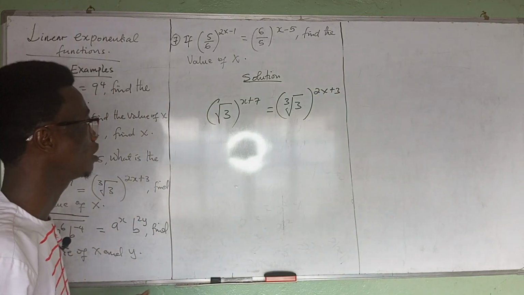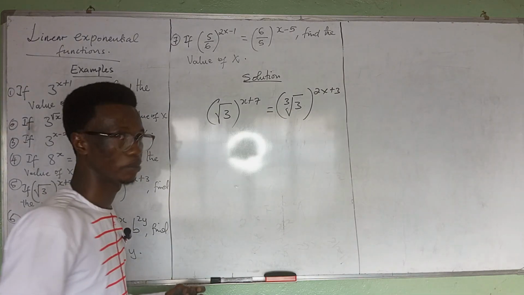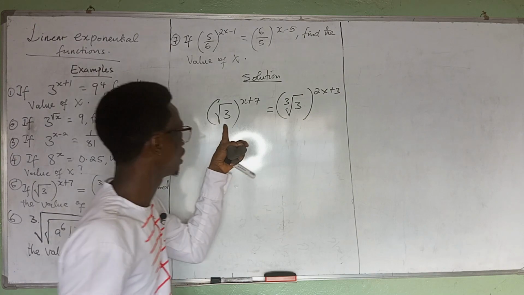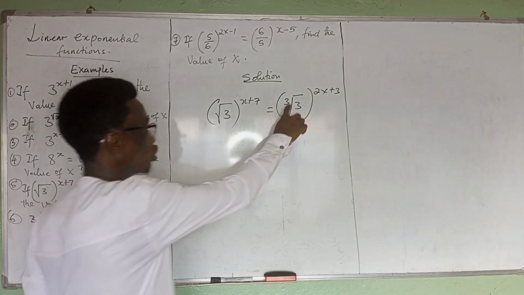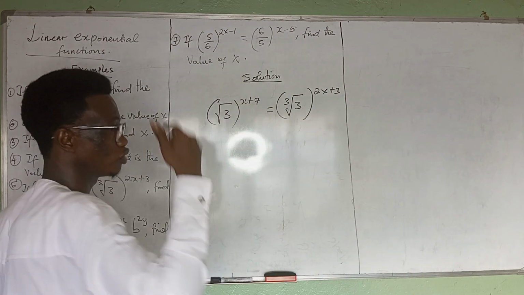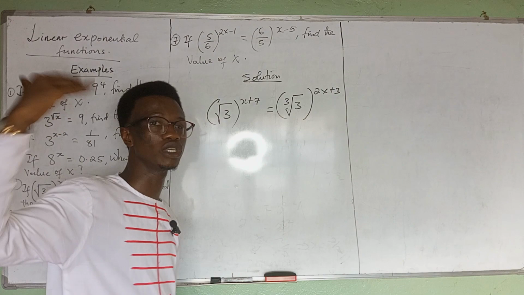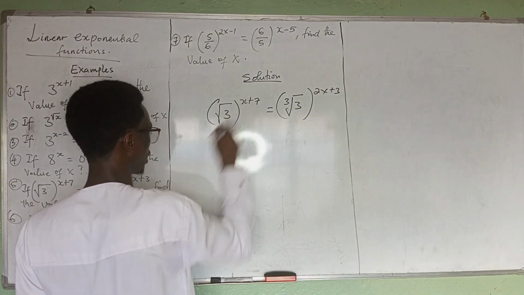Now when you look at this one, you have root 3 here, and of course you have root 3 here. But again, how do you change this to a power which has a fraction?